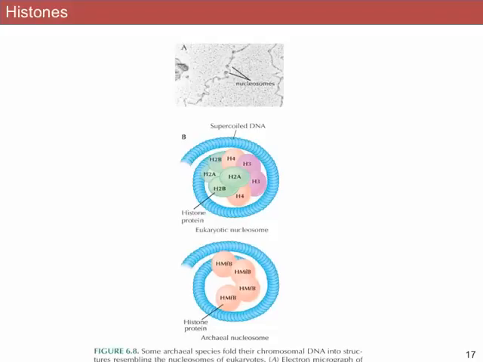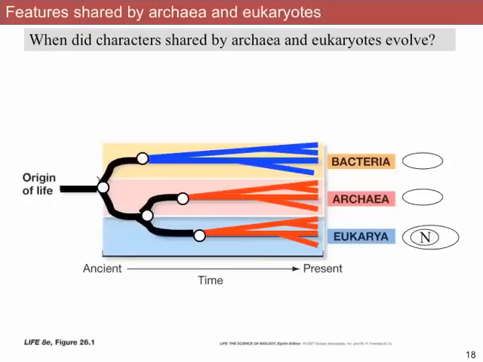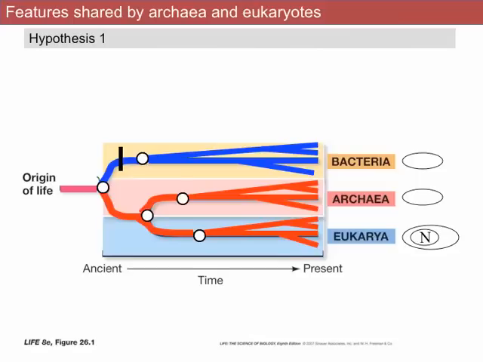Many of them relate to the machinery involved in DNA replication and transcription and translation. If we look at the evolutionary history of a feature like this, red again is presence, blue is absence. So presence of histones or any of these other features that Archaea and eukaryotes share.